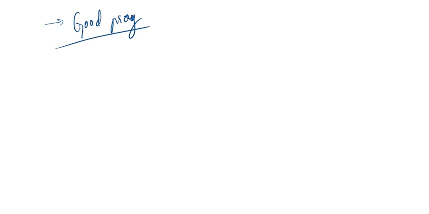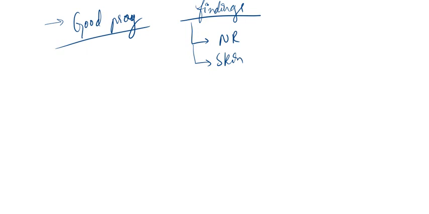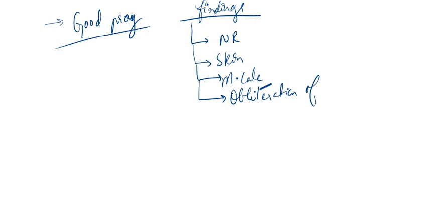So what are the findings that you should focus on in a mammography? Now this is important. Whether there is nipple retraction or not, you should see. If there is skin thickening, you should observe. If there are any microcalcifications, you should observe. And if there is any obliteration of the retromammary space, this is very important guys from the INICET aspect.